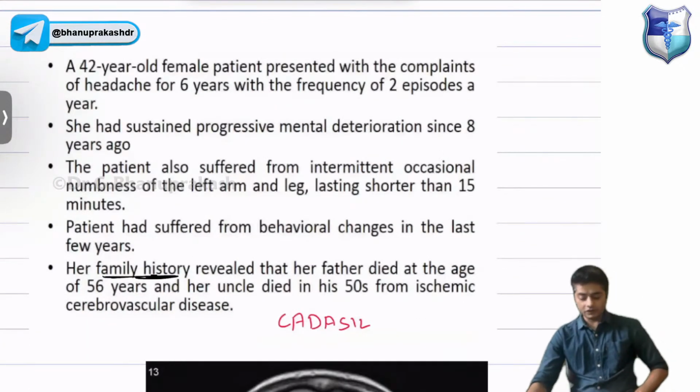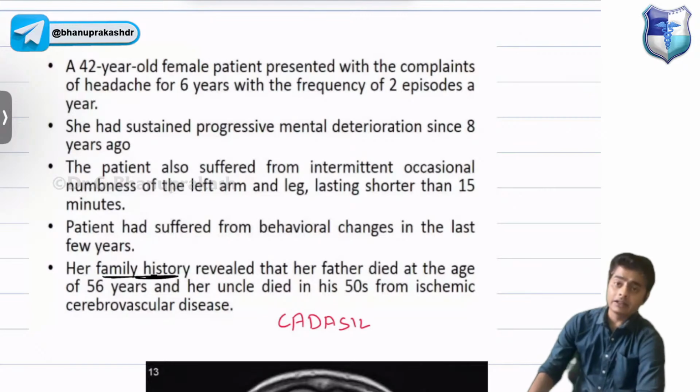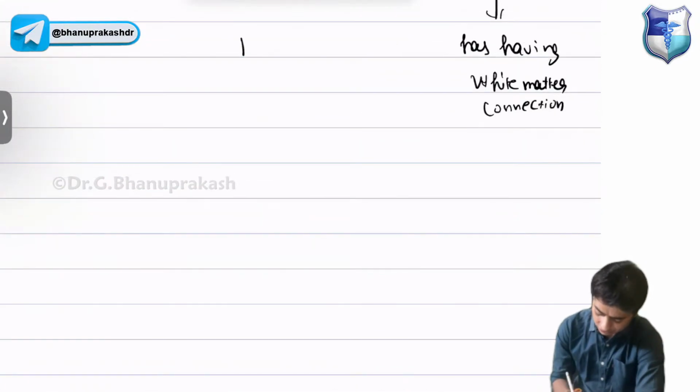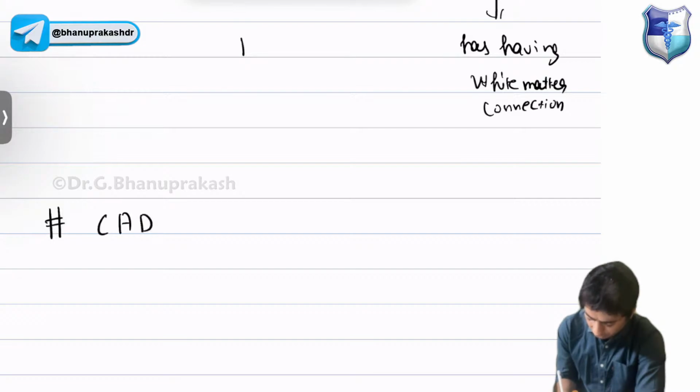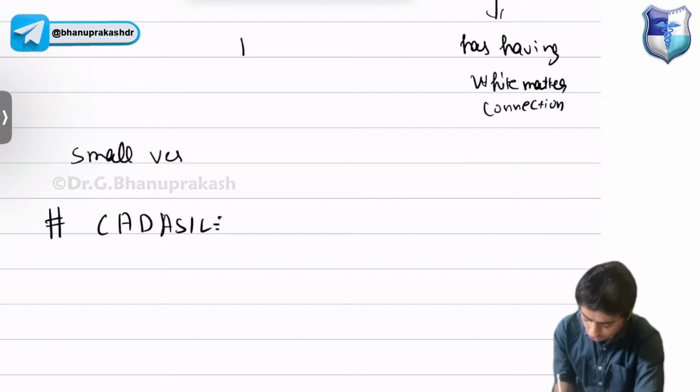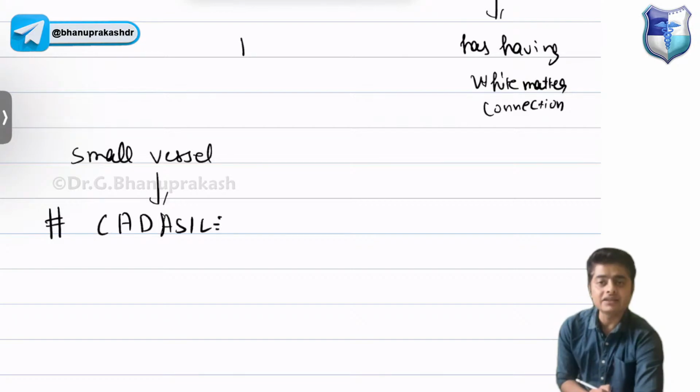Now see this question. Before we do this, there is another disease known as CADASIL, which comes under small vessel disease also.